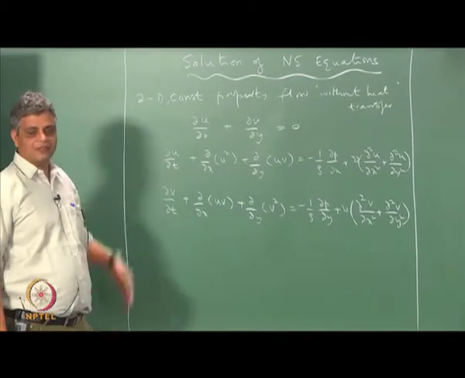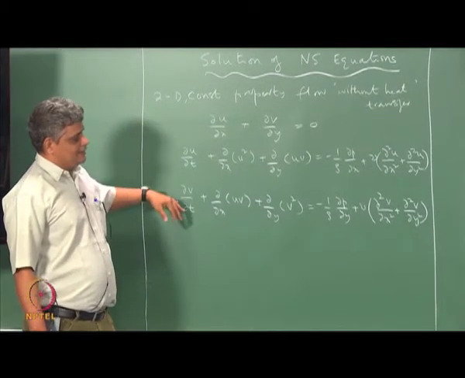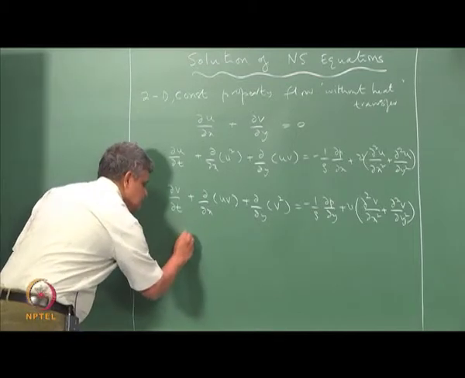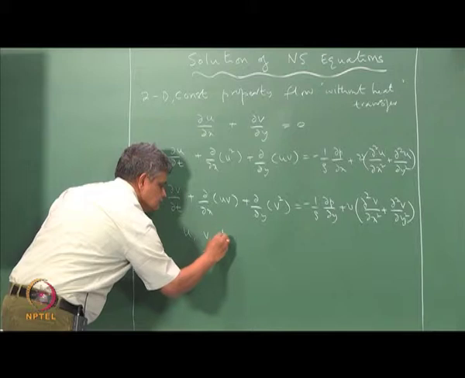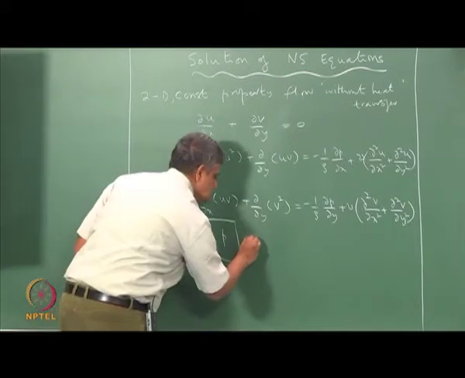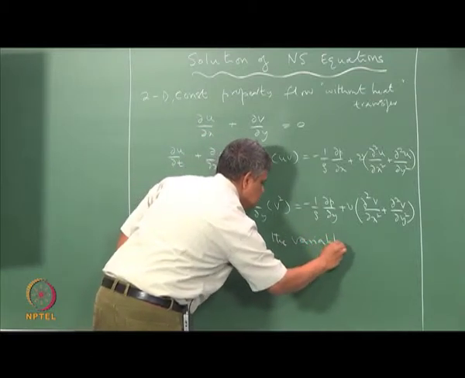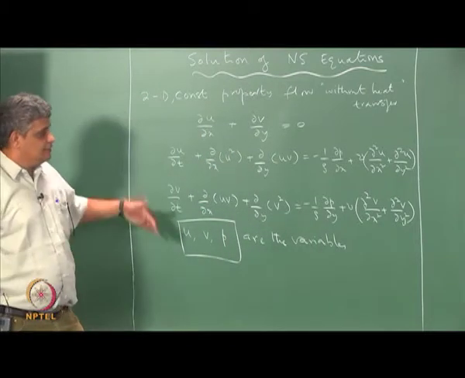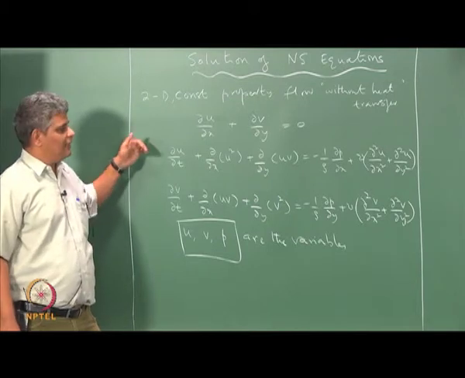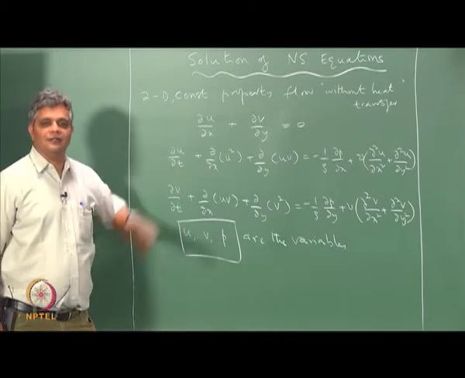So, in that sense it can be considered as the simplest possible, and in this case we can see that we have 3 equations and we have 3 variables. And so mathematically you can say that you have got a problem in which the equations are given and we have as many equations as the number of unknowns, and we should be able to solve this.